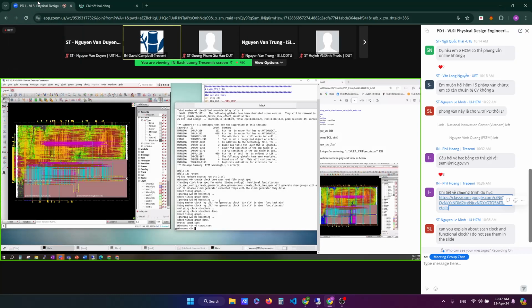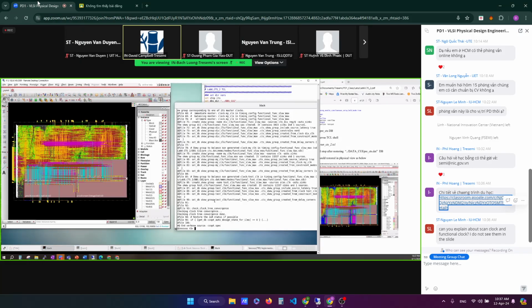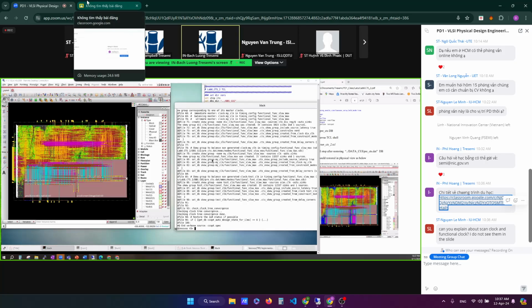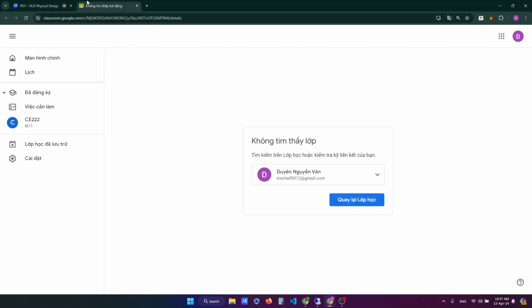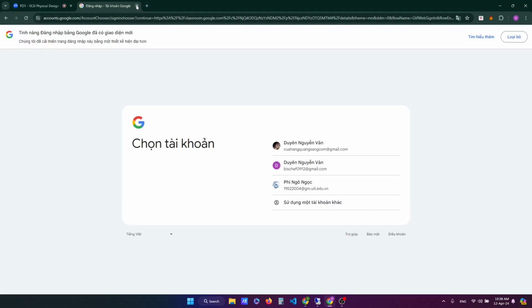Anbach, we have a question that came in. Can you explain the scan clock and the functional clock? Yes. In the design, your main clock is your functional clock, which is your mission mode.